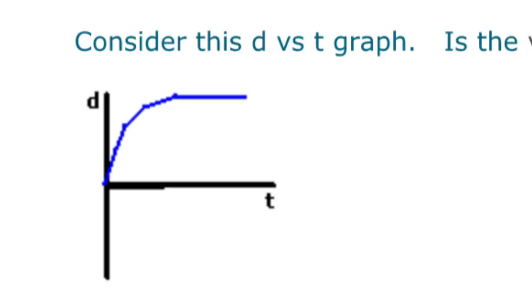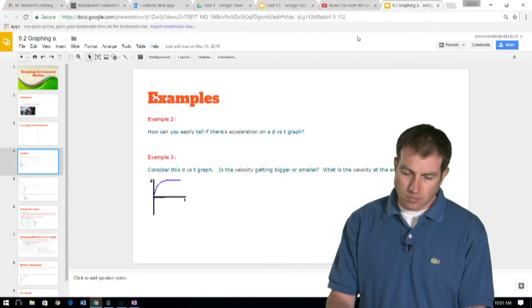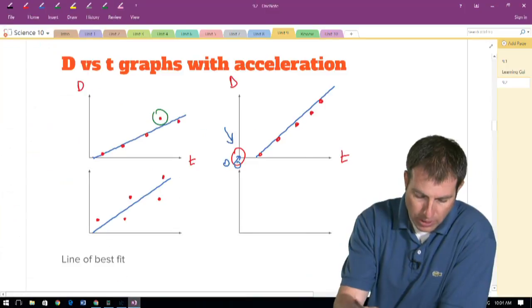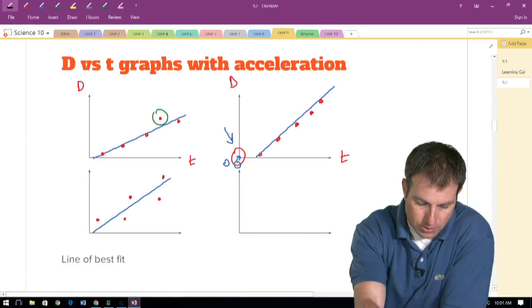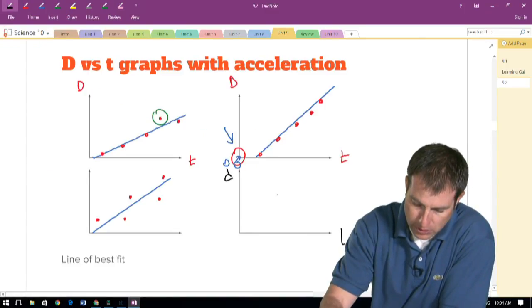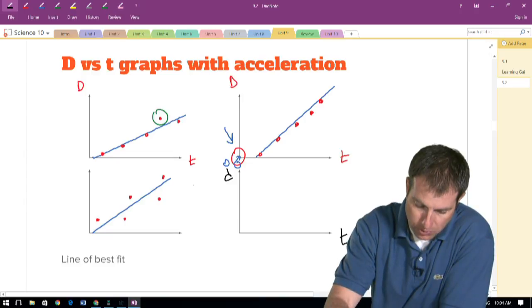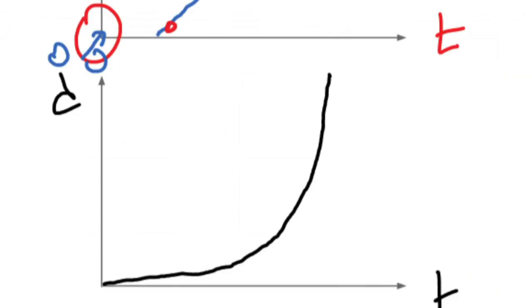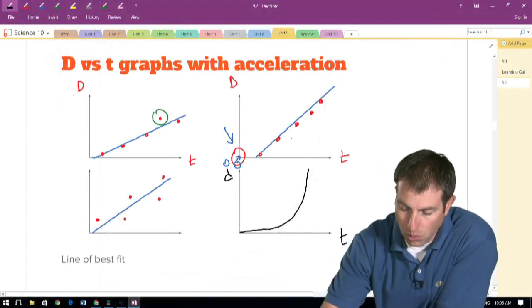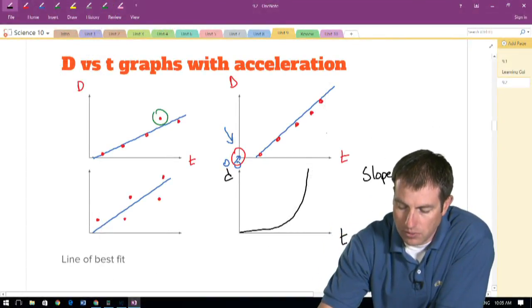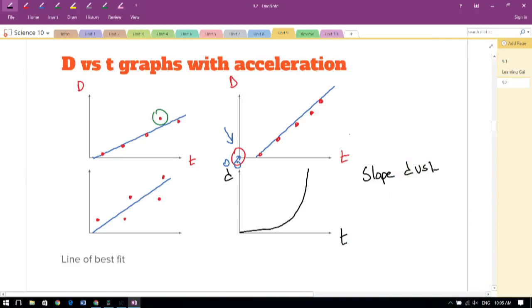So what does that mean? If I go back to our graph, let's plot a distance versus time graph, and we'll start off really slow, and then we'll do something like that. Let's talk about what this means, what's going on here. So we know the slope, hopefully, of a distance versus time graph is equal to the velocity.